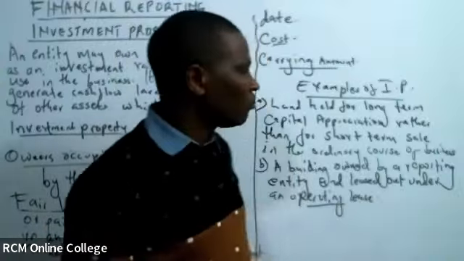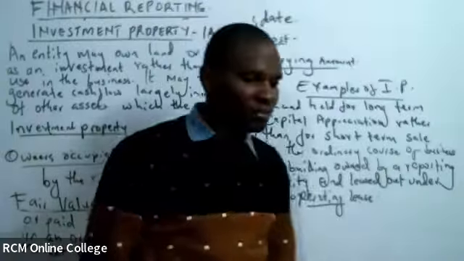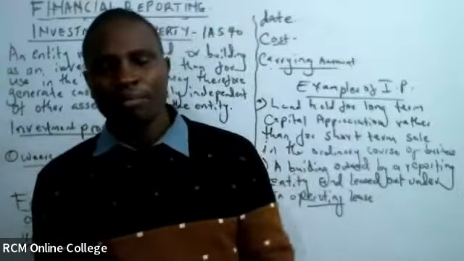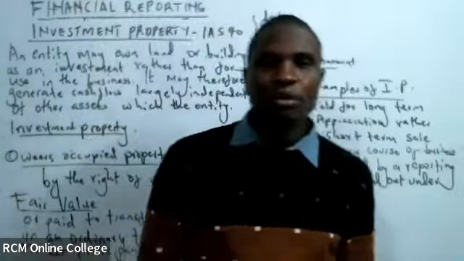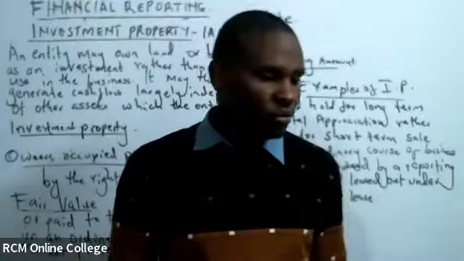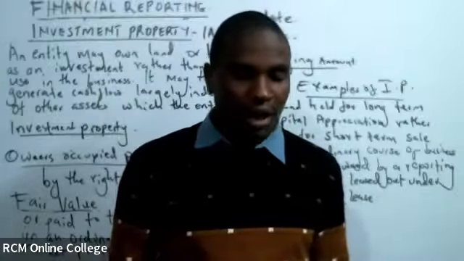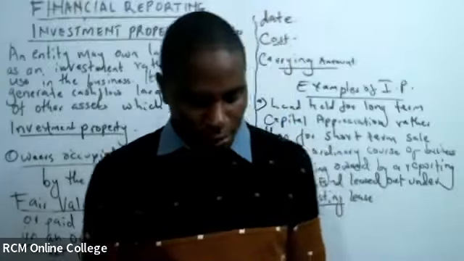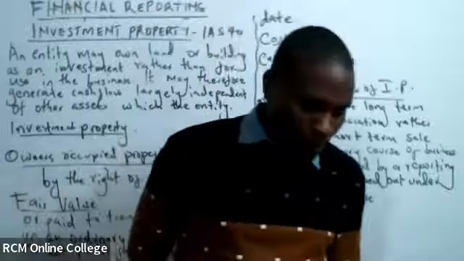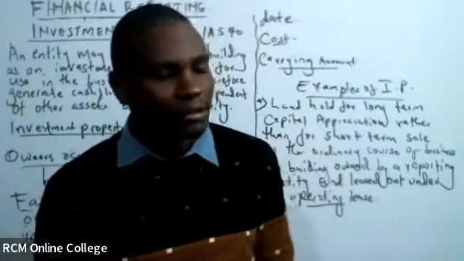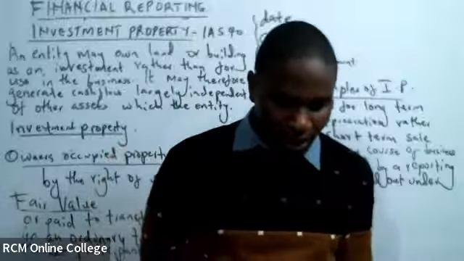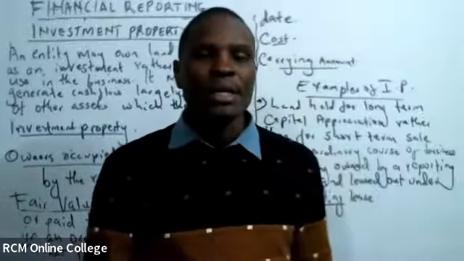Examples of items that are not investment property. Now, we have looked at the examples of investment property. Let's look at examples of items that are not investment property. Number one, property intended for sale in the ordinary course of business.